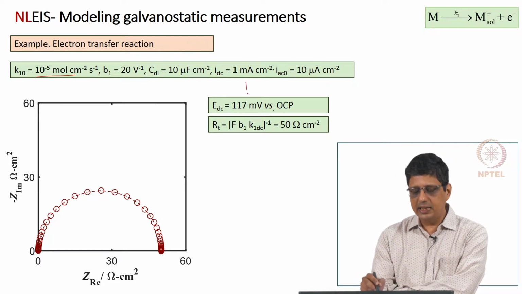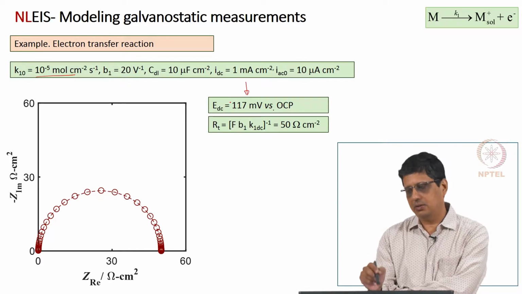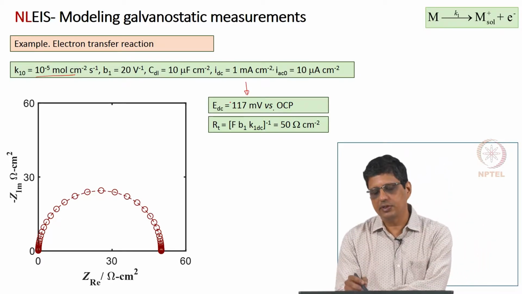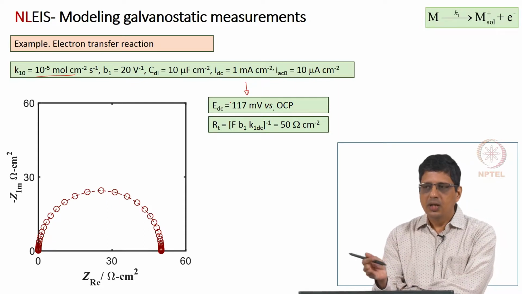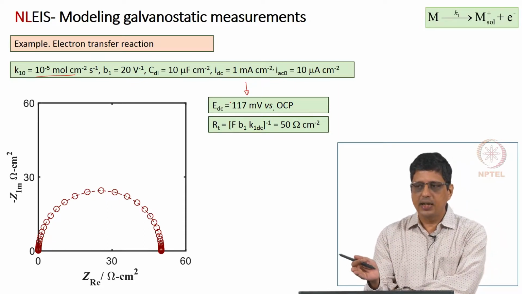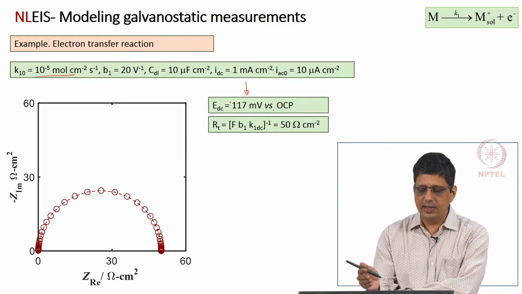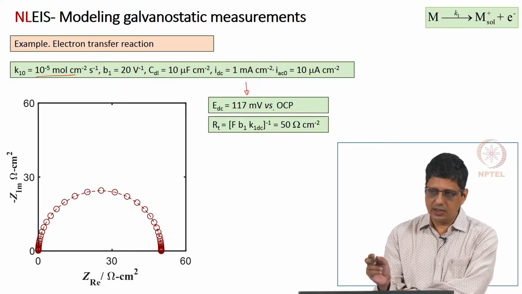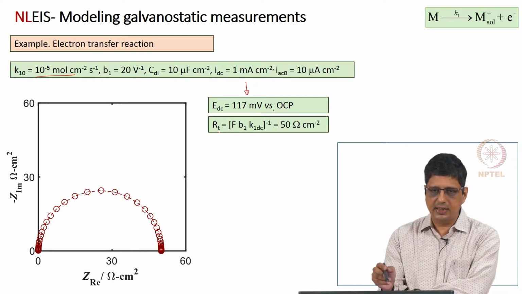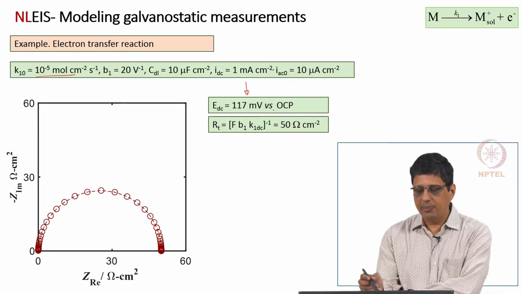First we calculate the DC potential, and that is 117 millivolts versus OCP, that is nearly 100 millivolts above OCP. It is probably not a good idea to neglect the reverse reaction, but we will go ahead with this story anyway.